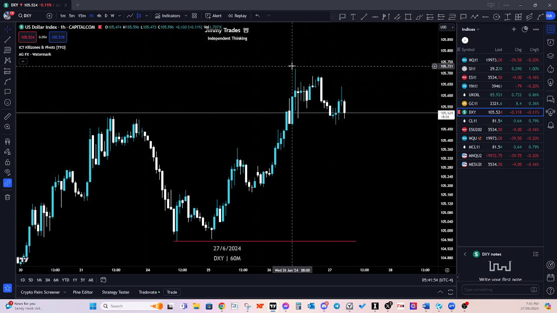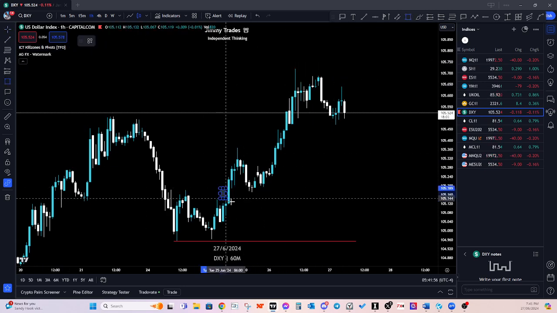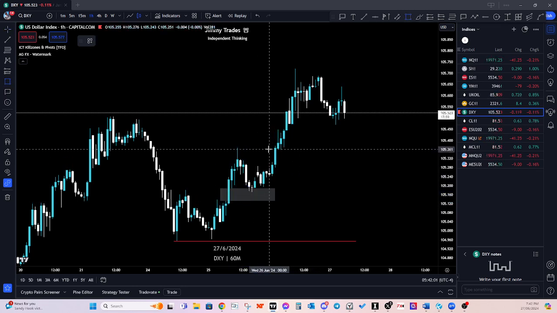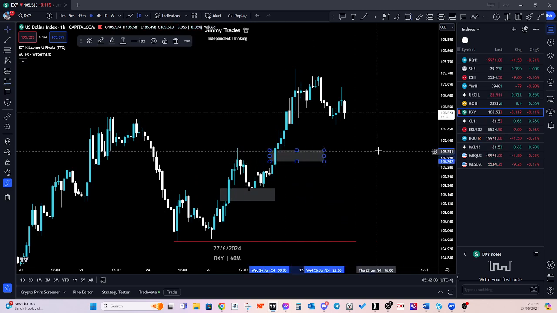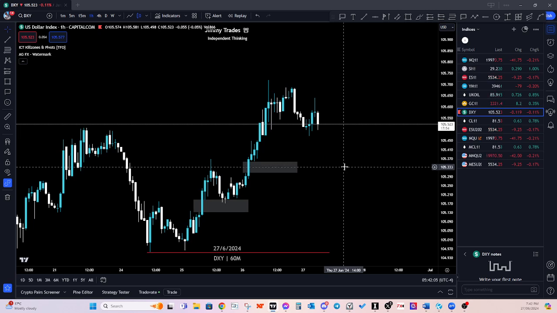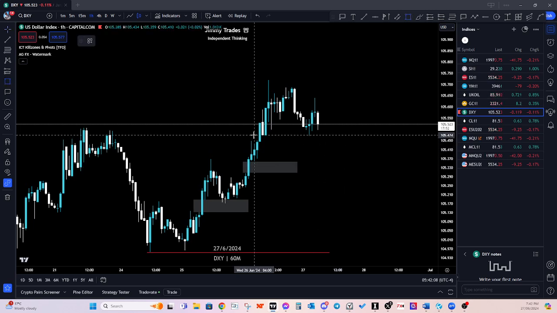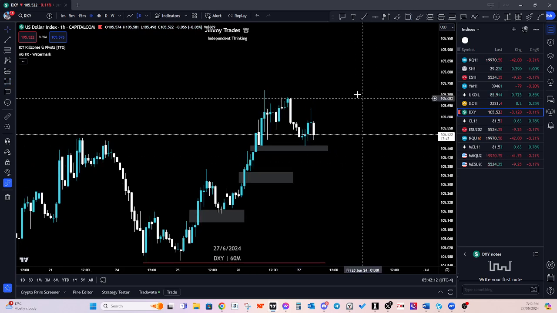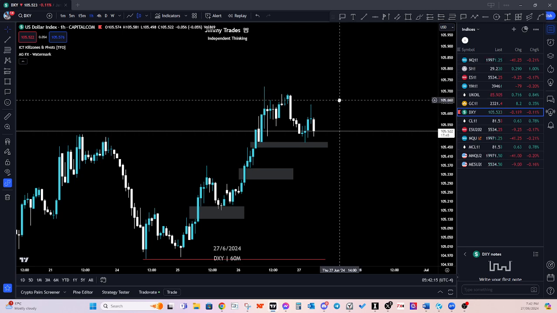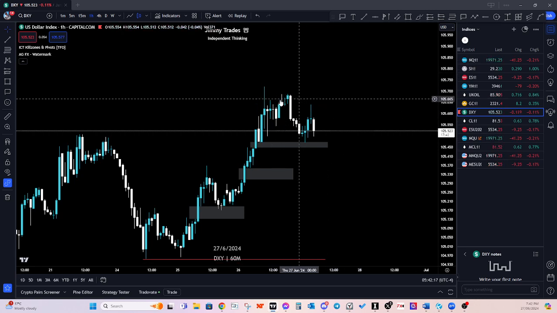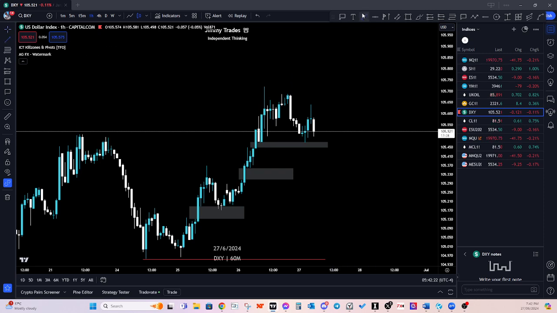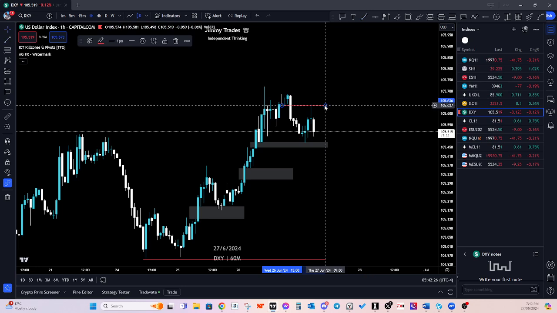Price has also respected bullish PD arrays on its move up, as you can see. And it continues to do so. We have got some bearish potential forming here. Possible that this is a negative change in the state of delivery here.